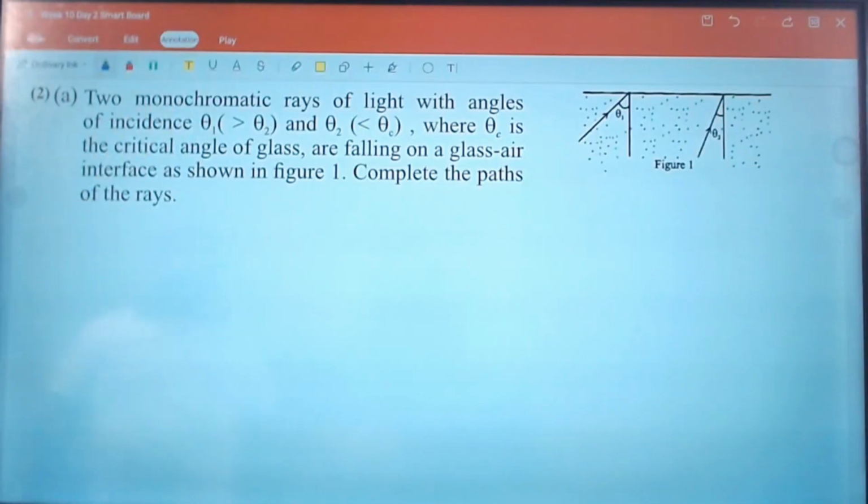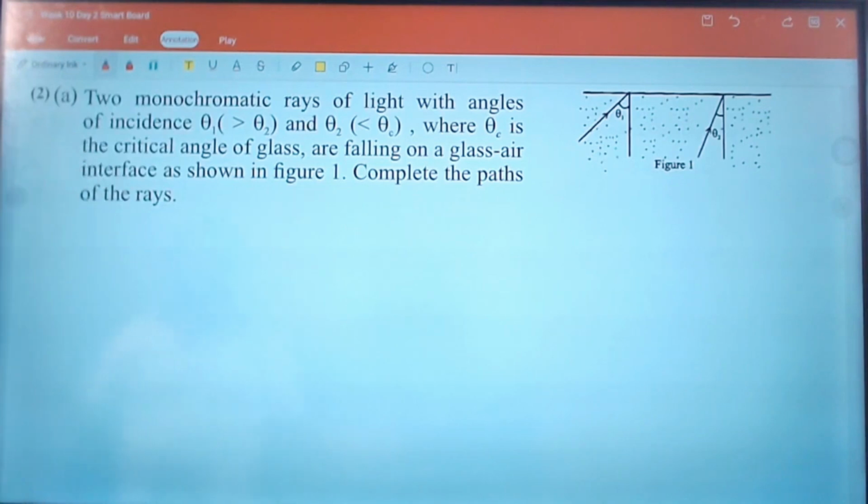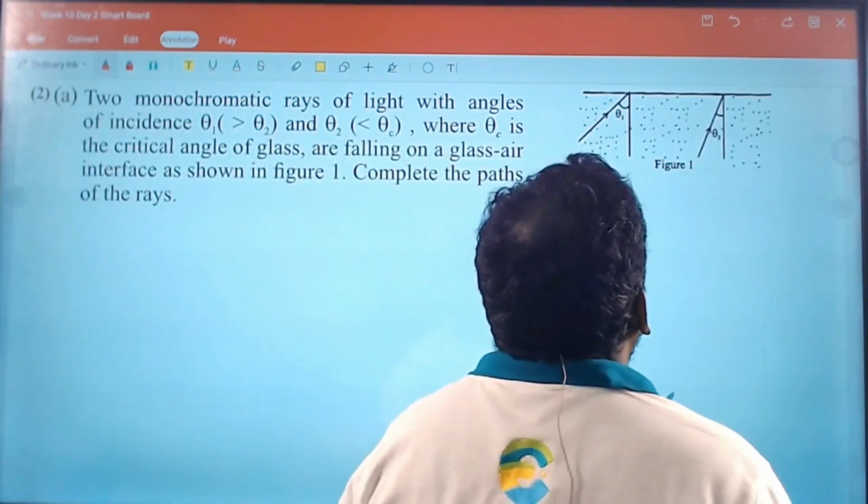Look at this carefully. Two monochromatic rays of light at angles theta 1 larger than theta 2, where theta 2 is smaller than the critical angle theta c, are falling on air. Complete the path of the rays. Theta 2 is smaller than the critical angle.